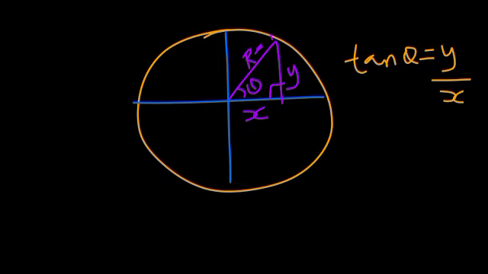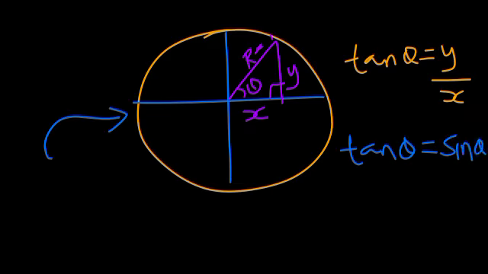Now in general, not even going to the unit circle, we know that tan theta is equal to sin theta over cos theta. We covered that identity. So we can replace sin theta with y, and cos theta with x.